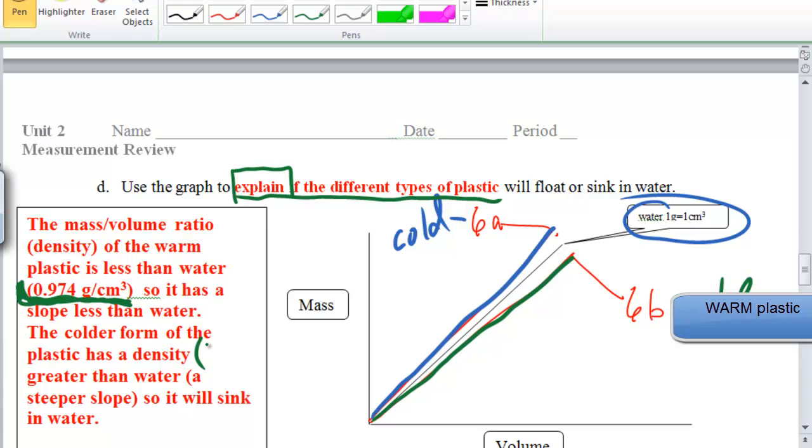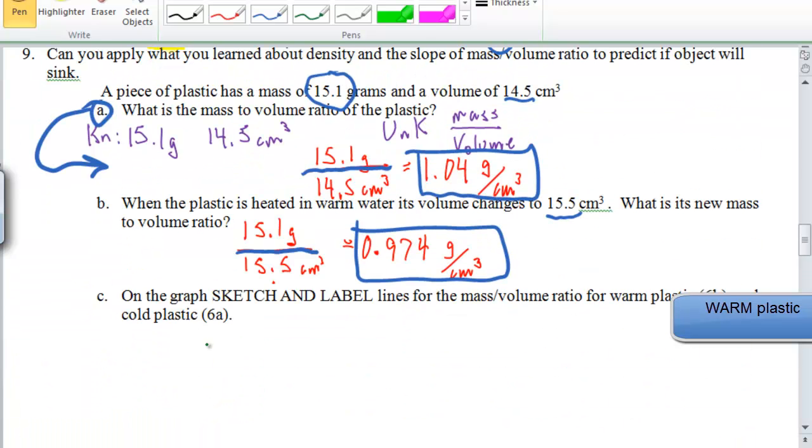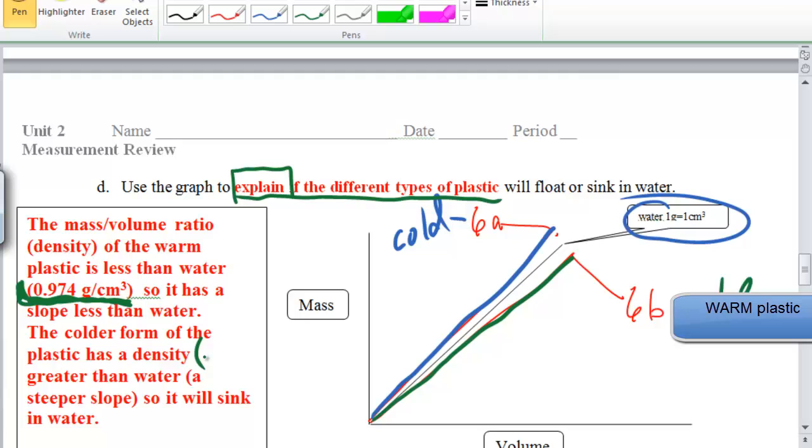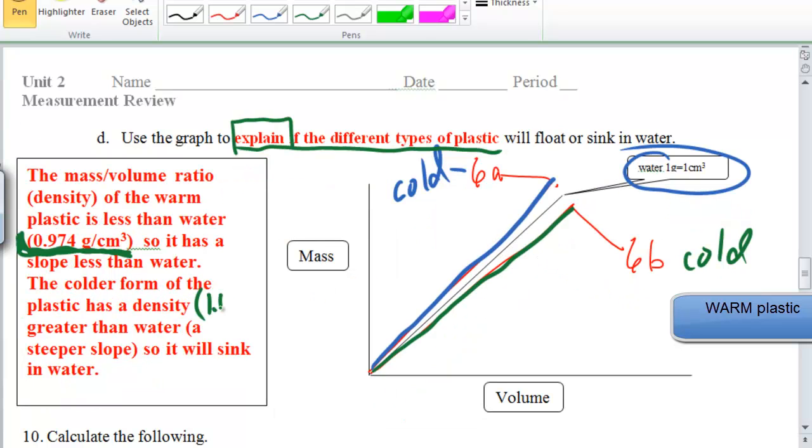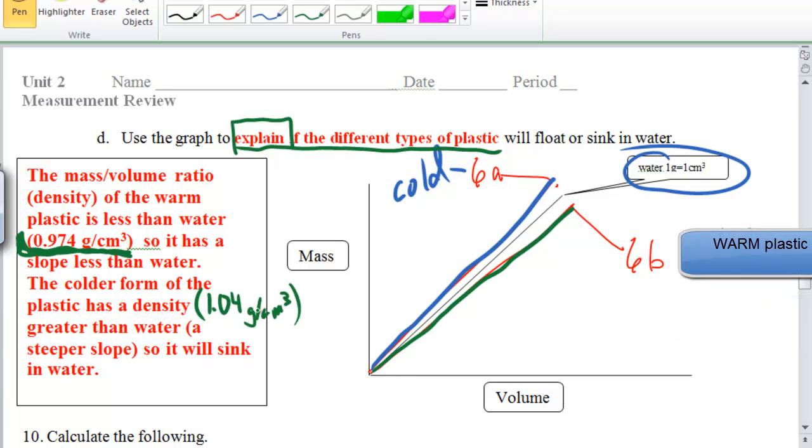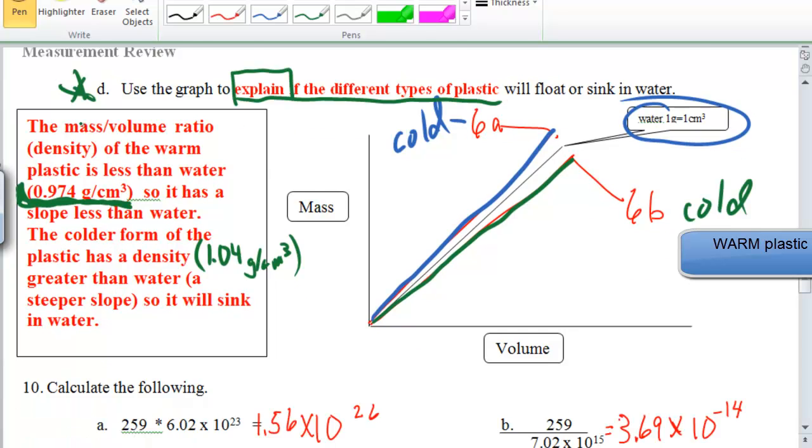Its density, I believe, was 1.04 grams per centimeter cubed, which is greater than water, and so a steeper slope, so it will sink in water. So that's the answer to this question right here.